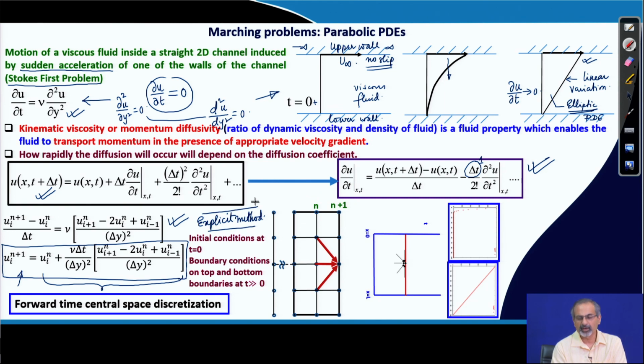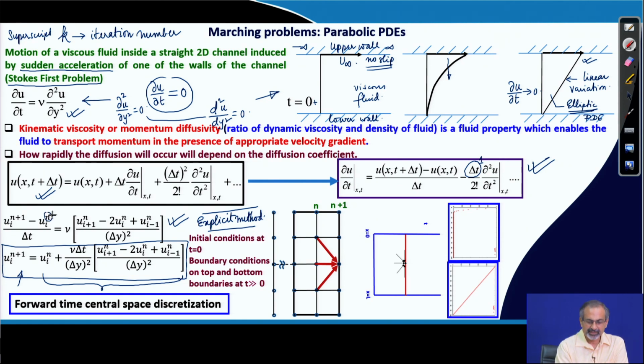So, when there is only one unknown involved, you can solve the value of u at any grid point i at the next time step based on values of neighboring grid points coming from the previous time step. Now, when we solved Laplace equation, you might remember that we had used a superscript k, which stood for the iteration number or the iteration count.